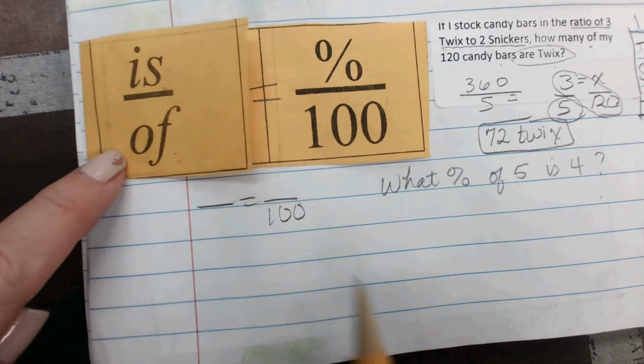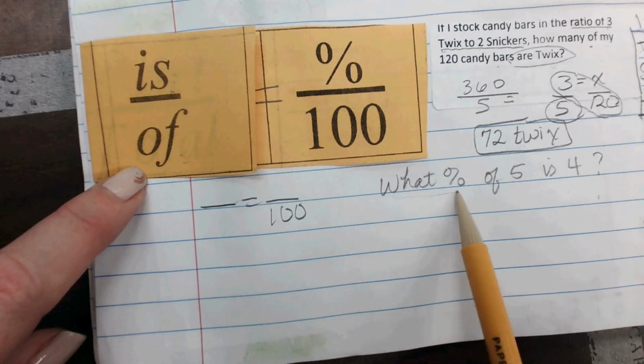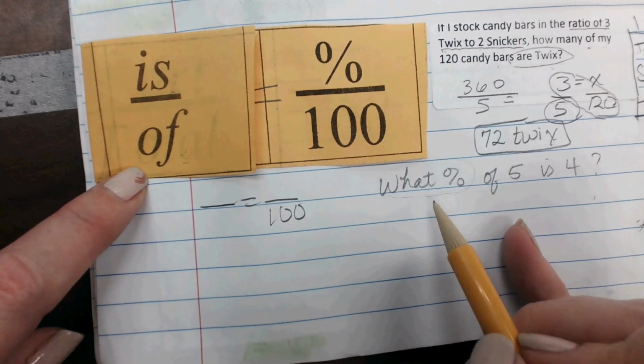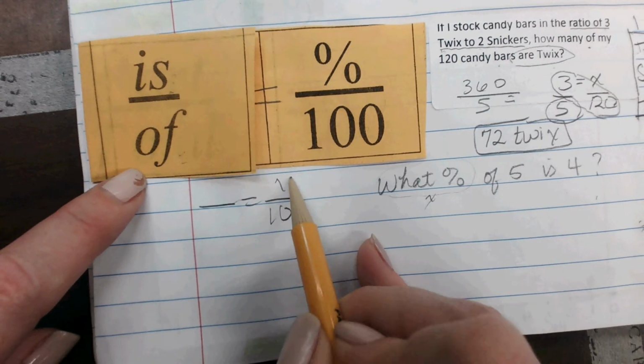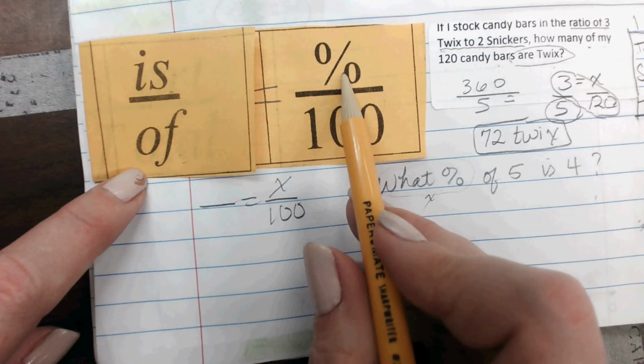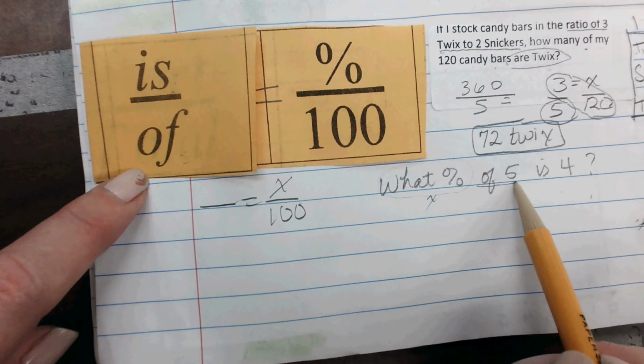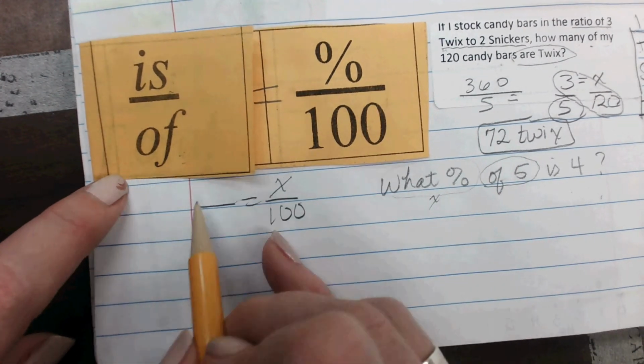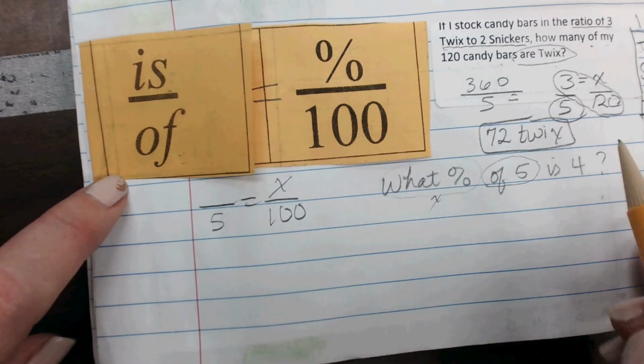Okay, so let's try it with the is and the of. What is the percent? That's what we don't know. What means that's where I'm going to put my x, so it goes where the percent is at. Of 5 tells me that's my total, and it goes at the bottom.